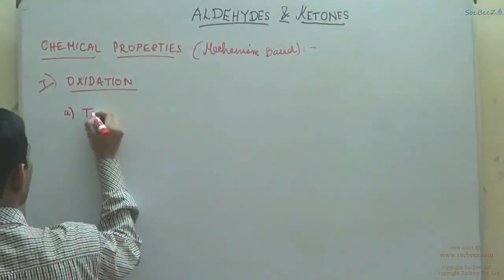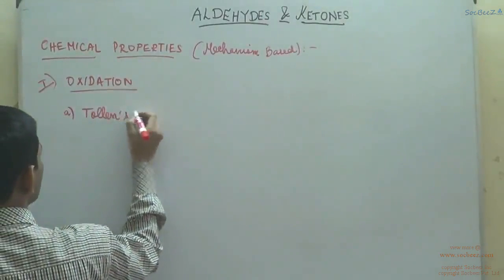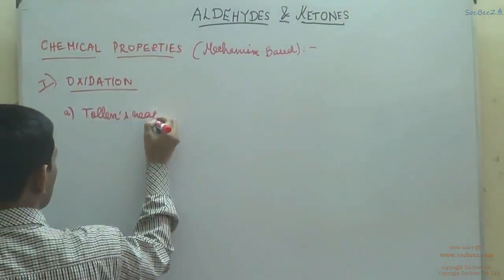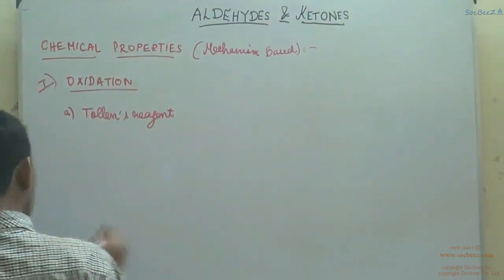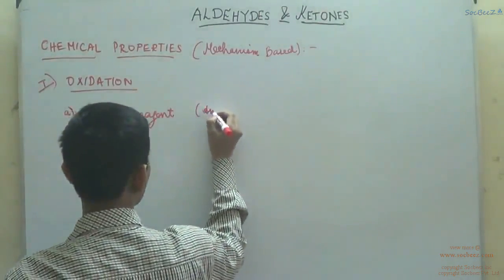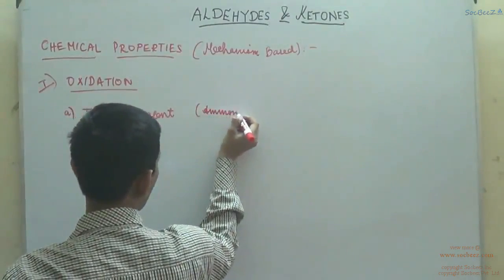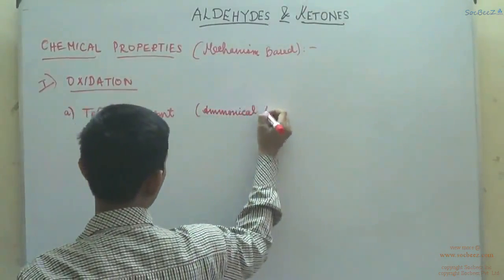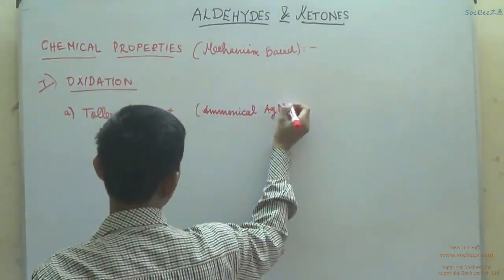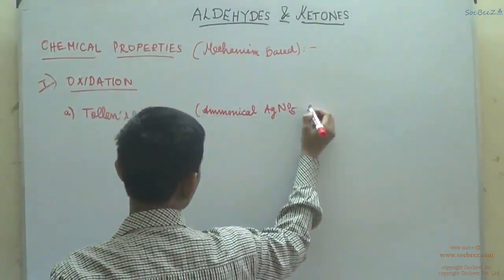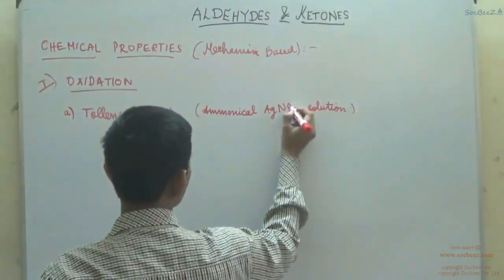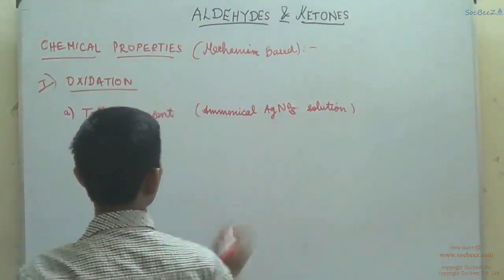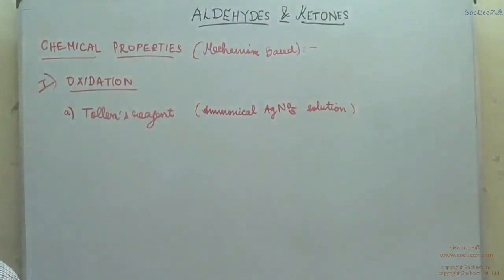First, using Tollens reagent. What is Tollens reagent? Ammoniacal AgNO3 solution is Tollens reagent.